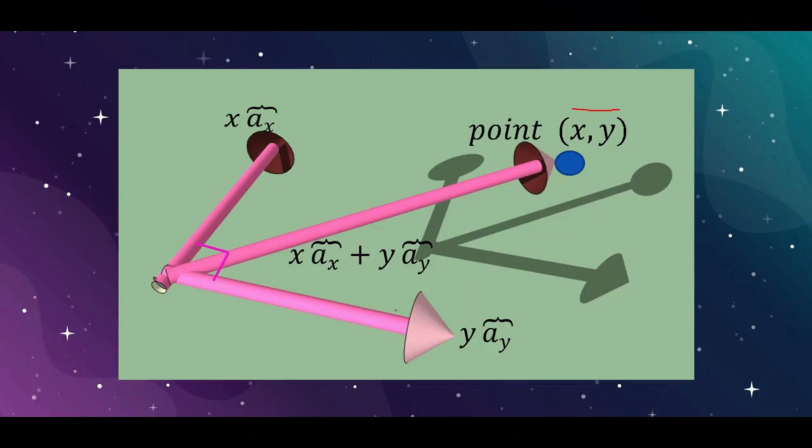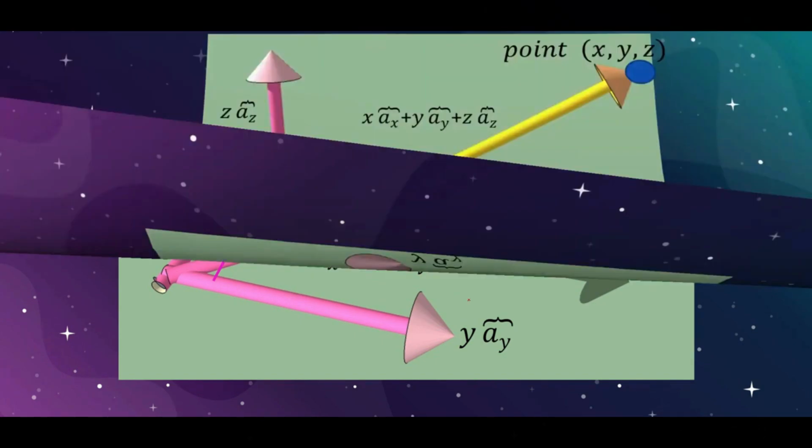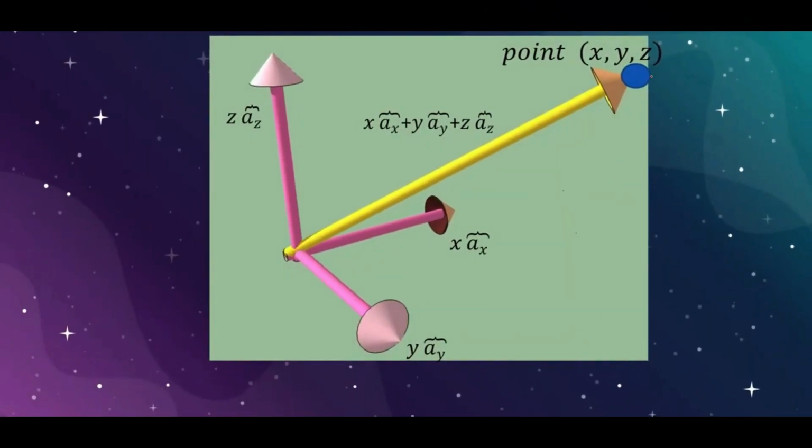So if these two vectors are given in two directions, then the resultant vector will be the addition of these two vectors. So let us see them in detail. If we have to find out a point P in 3D space, then the length of point P will depend on the x, y and z components.